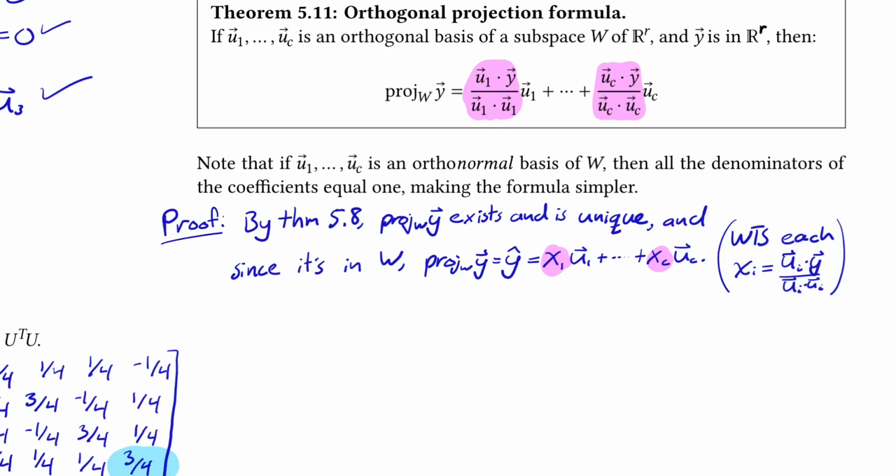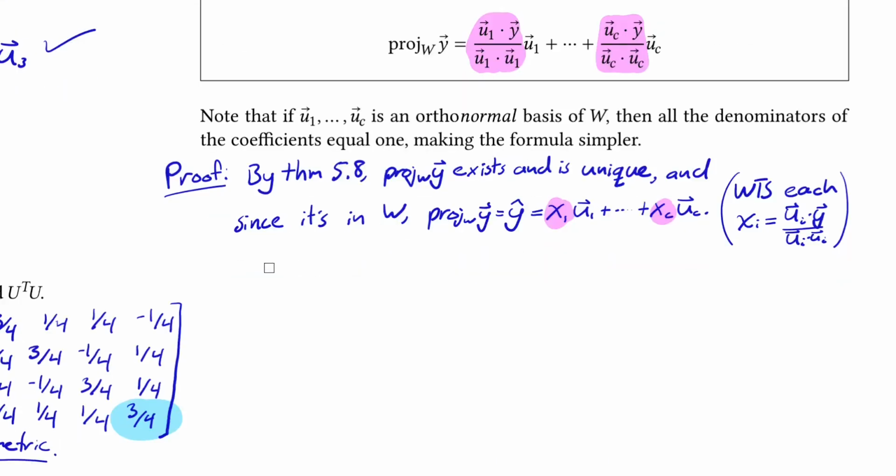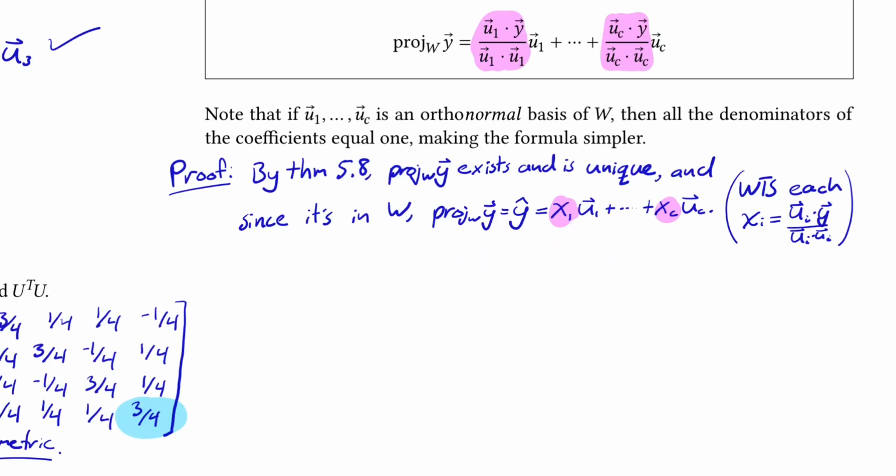Now, to do that, a trick when you have an orthogonal list of vectors is to take some dot products that you know will come out to be 0. So see what happens if you take one of these ui basis vectors, where i is between 1 and c, and take the dot product of that with this projection.